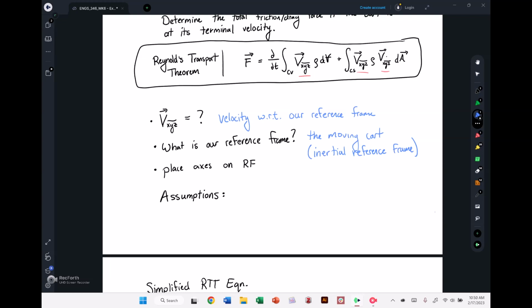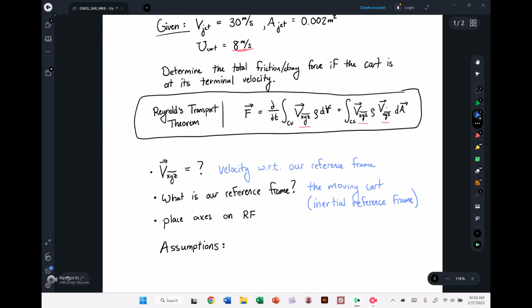You can think of yourself sitting in the back seat of a car. If you close your eyes, you don't realize that the car is even moving, other than Michigan roads. But you do feel it if you're accelerating. So we have an inertial reference frame, this constant velocity cart.